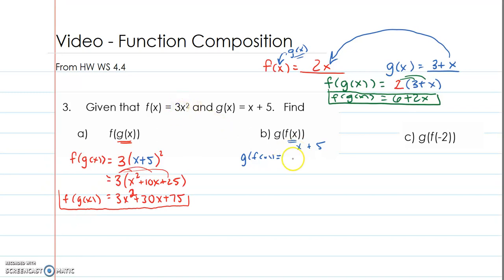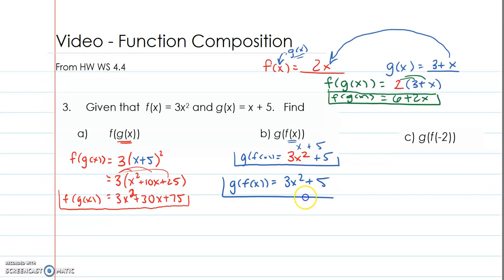So let's put that in. We have 3x squared plus 5, because g is something plus 5, but my something is the function f, and I can't simplify any more than that. So that's where I leave it. I'll rewrite it again. G of f of x is equal to 3x squared plus 5.